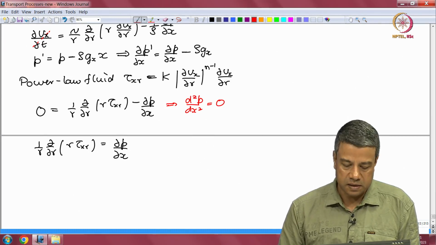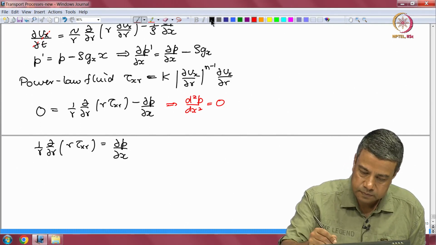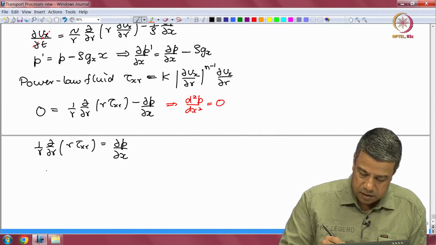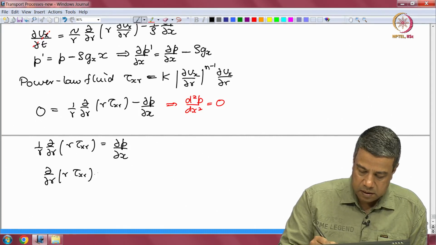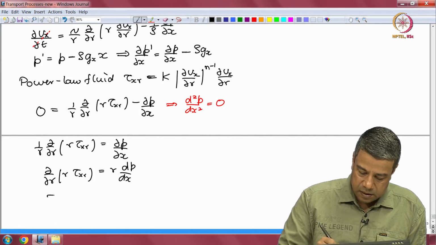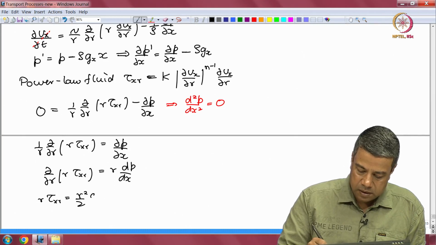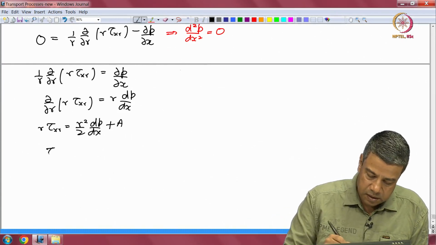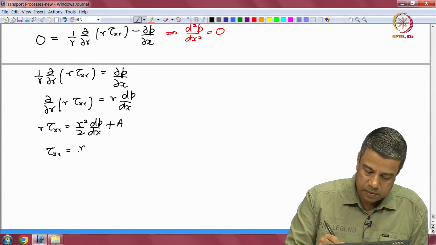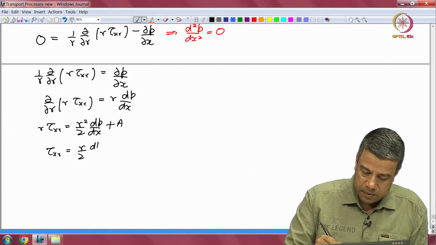Therefore, dp by dx is still a constant, which means that partial by partial r of r tau x r is equal to r dp by dx. So r tau x r is equal to r square by 2 dp by dx plus some constant a, and tau x r is equal to r by 2 dp by dx plus a by r.